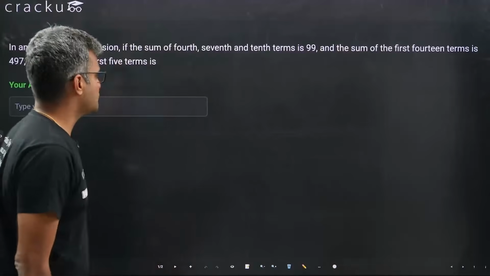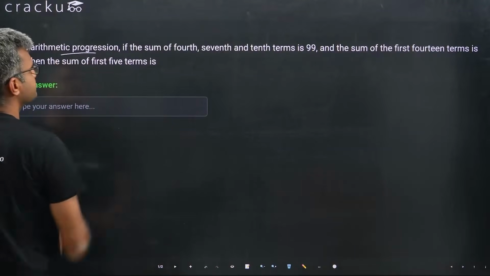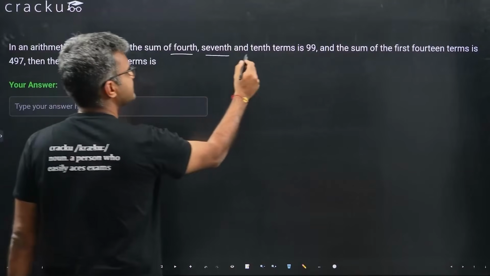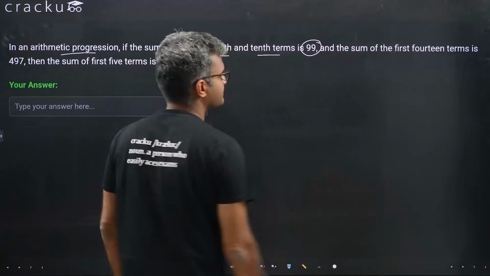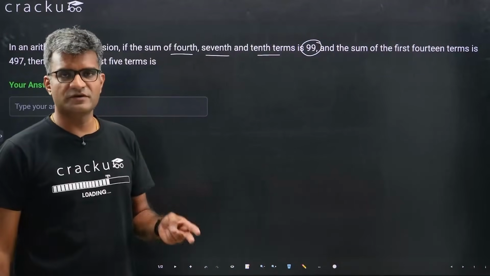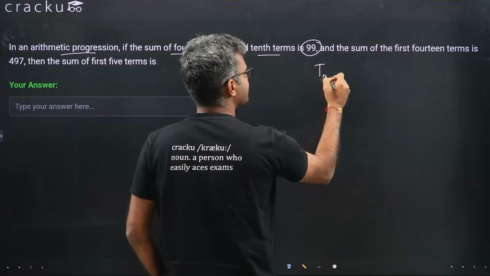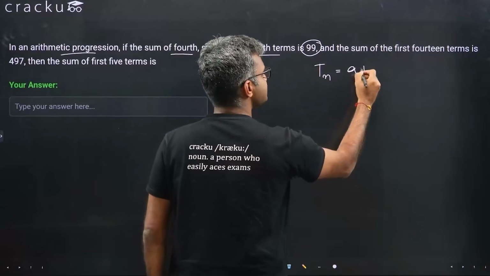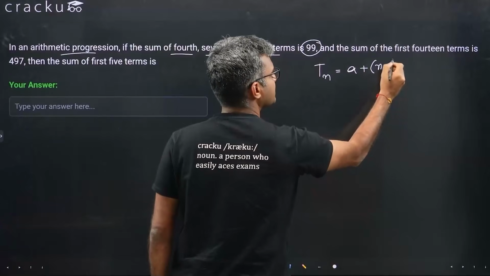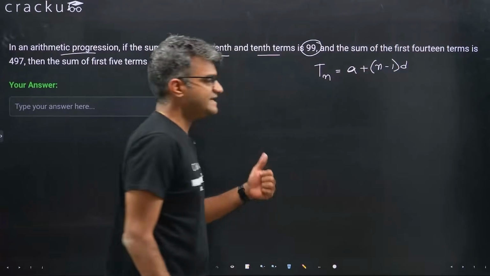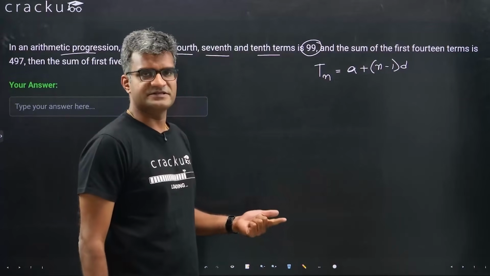In this question, we are told that there is an arithmetic progression and the sum of the 4th, 7th and 10th terms is given to be 99. What are the two formulas that we know in an arithmetic progression? The nth term Tn is equal to A plus n minus 1 into D, where A is the first term and D is the common difference.